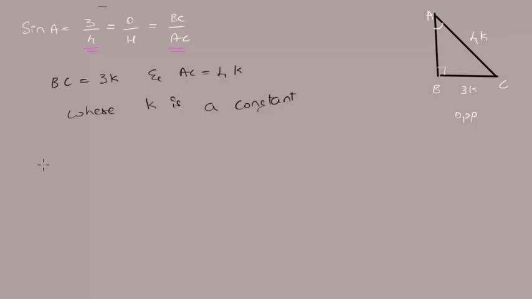As usual, we have to find the third side, and the third side is given by your Pythagoras theorem. Write it fully, and we have AC square is equal to AB square plus BC square. So what do you have to find? AB square is equal to AC square minus BC square.